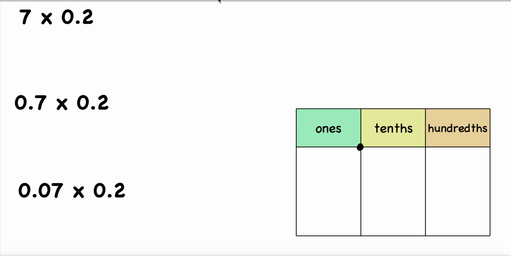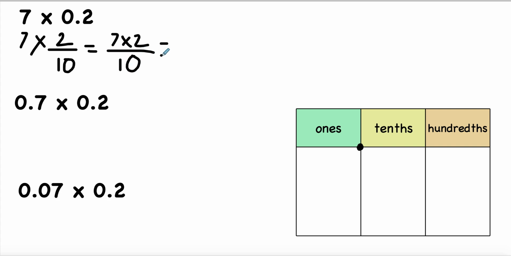So say I want to do 7 times 2/10. So one way I can do this is rewriting my 2/10 as a fraction. And then I can multiply the way I know how to multiply fractions by whole numbers. I can think of this as 7 times 2 over 10.